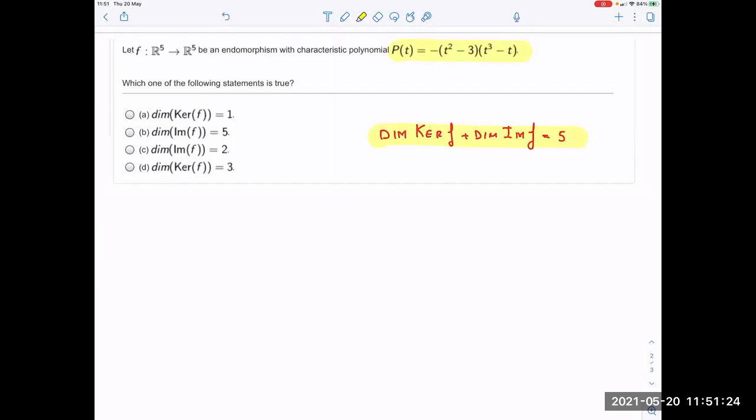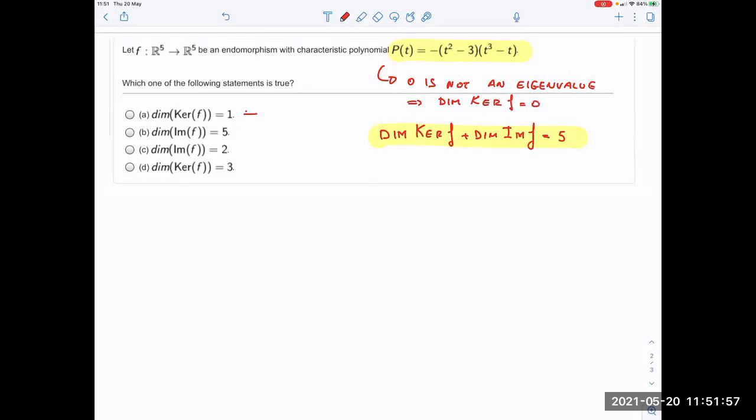So, for example, Alireza says something about the kernel, which is, sorry, the eigenspace of 0. Since 0 is not an eigenvalue, and this means that the dimension of the kernel of F must be 0.